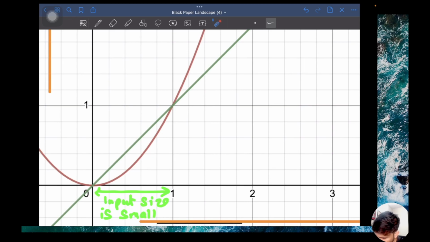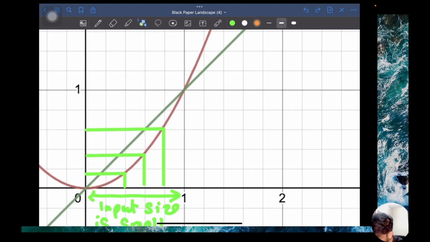Because, let me plot it. So for the same input, if you see how much time algorithm 1 is taking and how much time algorithm 2 is taking.